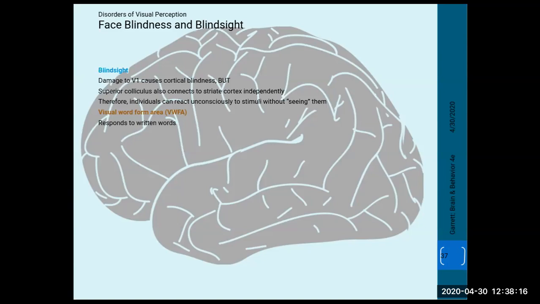So we know that damage to V1 causes cortical blindness, but with damage to the pathway that includes the superior colliculus and the striate cortex, or the part of the basal ganglia, a person can react unconsciously to stimuli without seeing them.